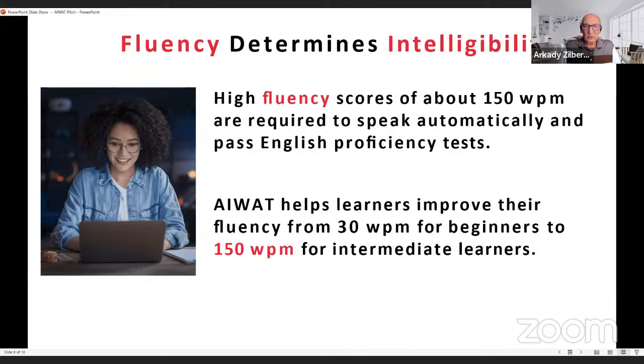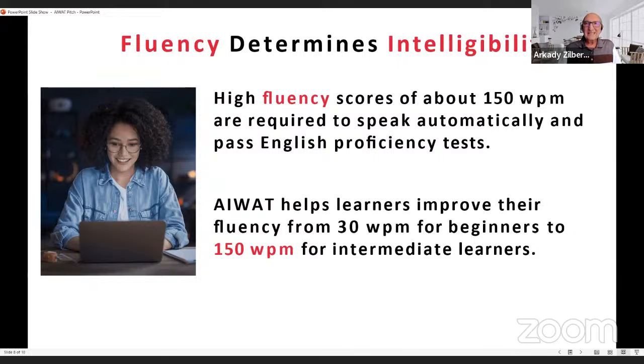You should understand that an increase of fluency from 30 words per minute to 150 words per minute, a 500% increase, cannot be achieved consciously. It's training. It's like training a muscle, a language muscle. And AIWAT is ideally suited for this training purpose.